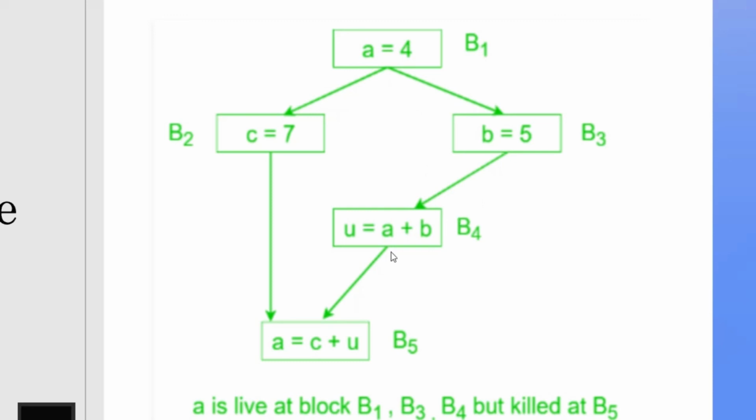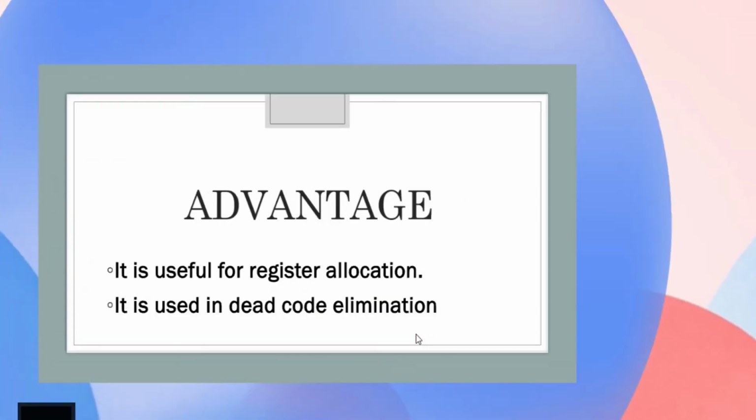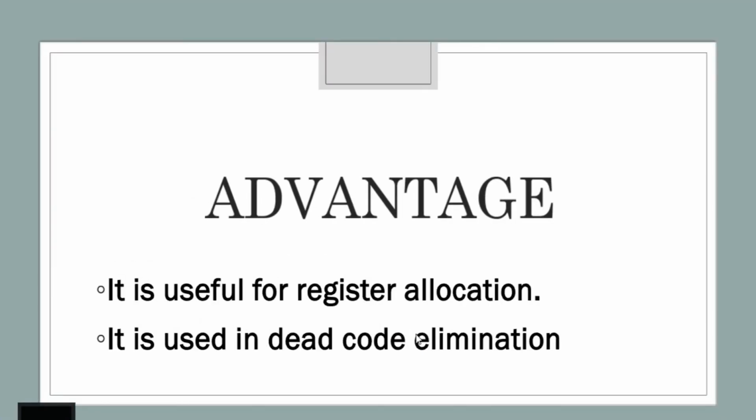In these three places the value of a is live, whereas it is killed in block B5 because the value of a is changed in B5. So the value of a is dead, not live, in block B5. That is called live variables. The advantage of live variables is that they are useful for register allocation, and also used in dead code elimination.